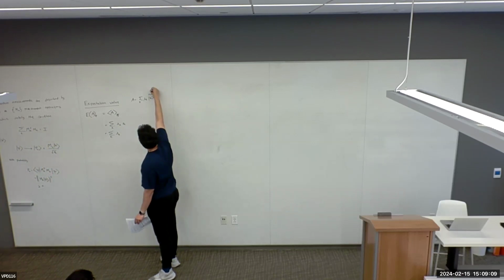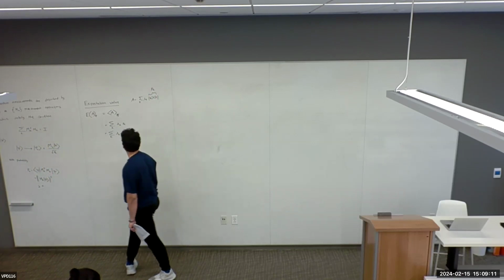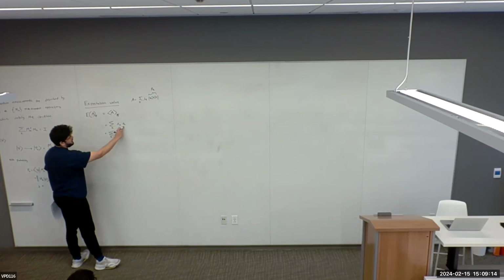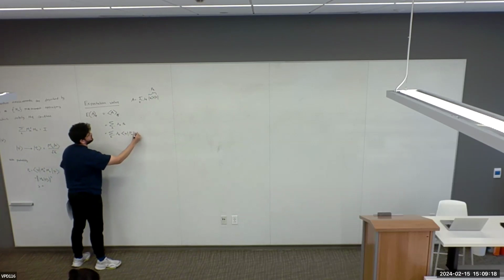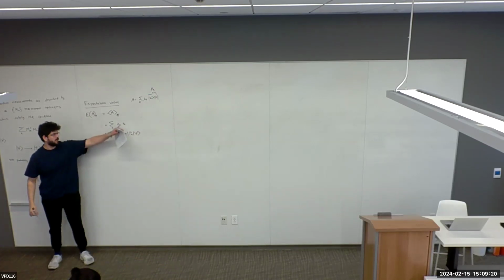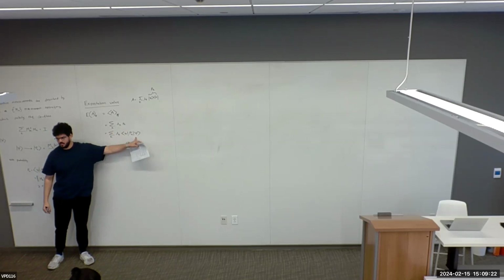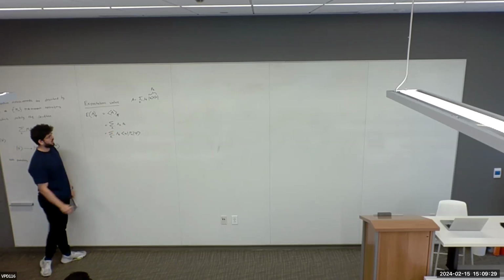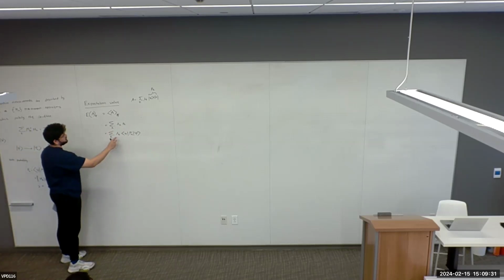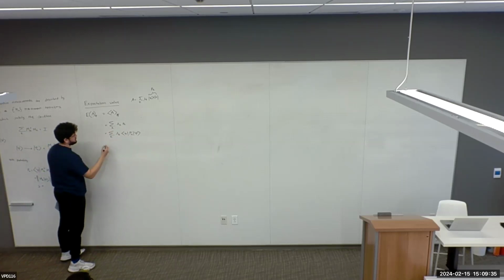So I will just call them capital Pk, for example. So I can write the probability as psi Pk psi. Now, this is just a scalar. This is not dependent on k. I can just move this inside.